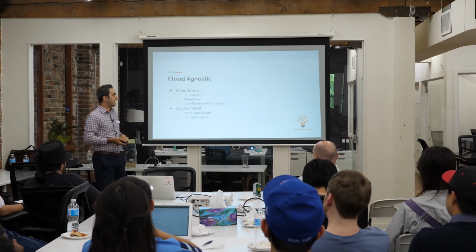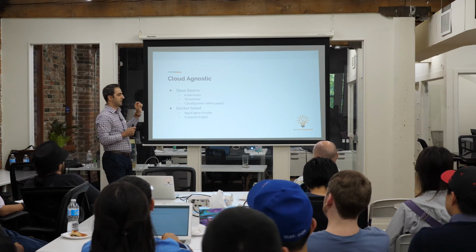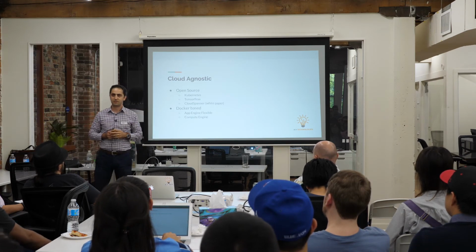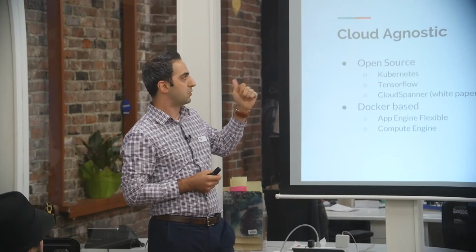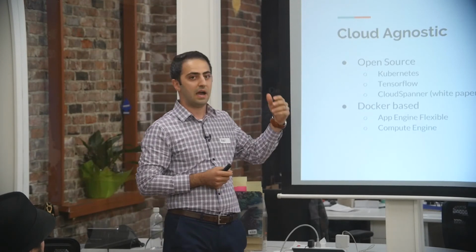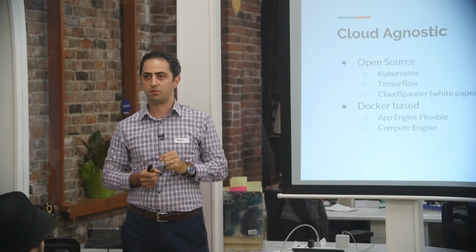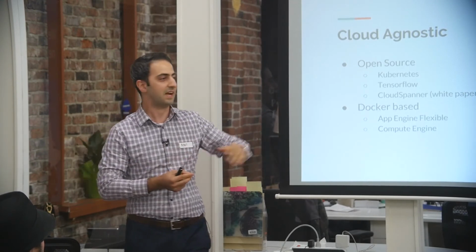And then the last question, being cloud agnostic. I said at the start that the fact that Google is committed to open source is very important, and this is where it comes into play. Google has open sourced Kubernetes, TensorFlow, Cloud Spanner, and all of that. What it means is that you can move away from Google platform if you want to, although I don't know why you would want that, but you can.